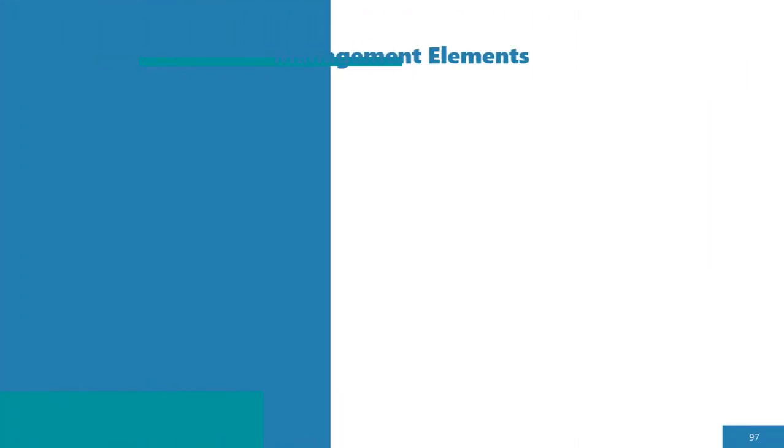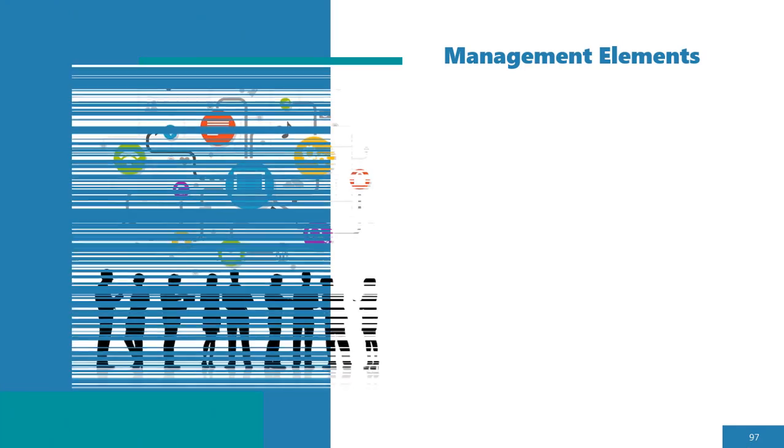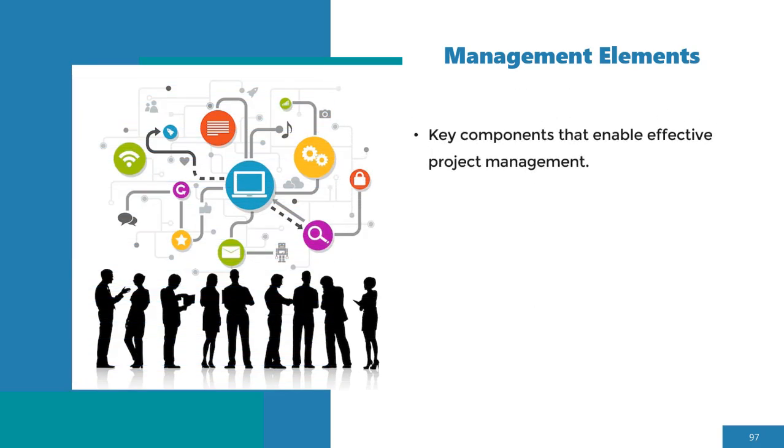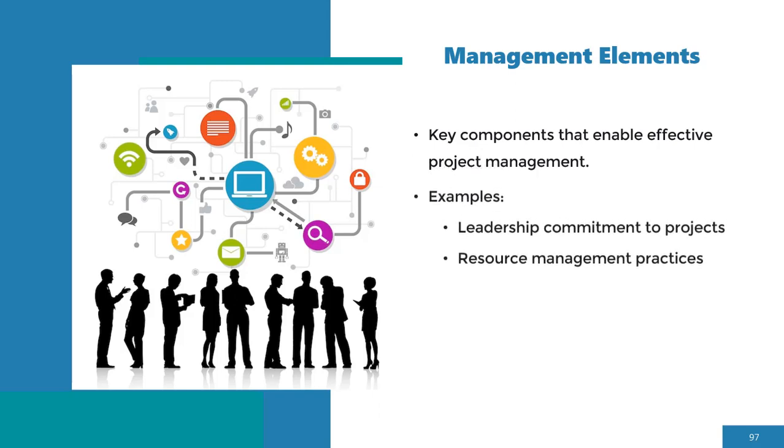Let's look at the next factor in the organizational system, which is management elements. These are key components that enable effective project management. Examples include leadership commitment to projects, and also resource management practices. Like I said, the PMBOK is very rich with examples.